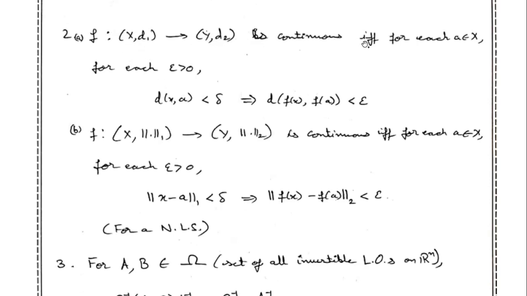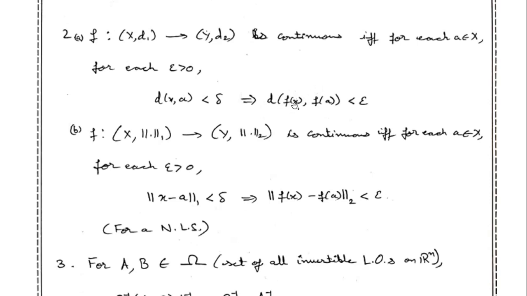We will be able to say that this is a continuous mapping if for each a belonging to E, for each epsilon greater than 0 there exists delta greater than 0 such that distance of x minus a is less than delta implies this.